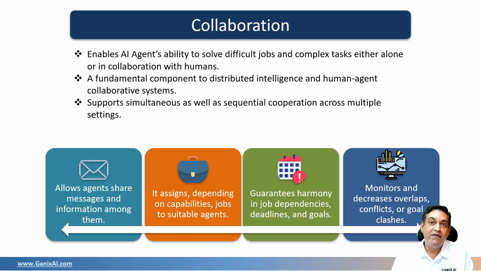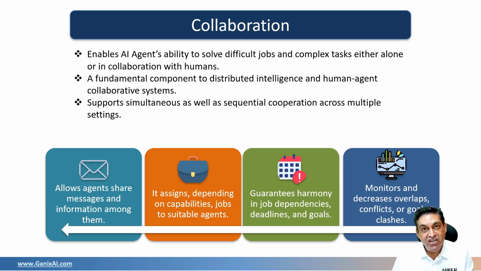Another key capability of agentic AI is collaboration. Again, unlike traditional AI, which performs tasks and stops, agentic AI systems are collaborative by design. They can work together with other AI agents, humans, or other systems to achieve a complex goal. So imagine a company with a multi-agent system where one agent is doing data analysis, another is doing scheduling, and a third is interacting with the customers.